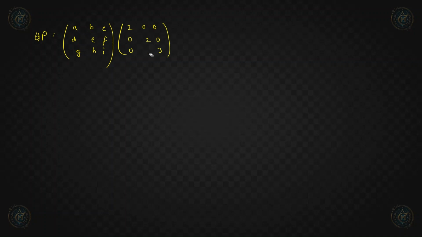200 020 003, right? So this will be 2A, 2B, 3C, then 2D, then we have this as 2E, right? Then we have this as 3F.